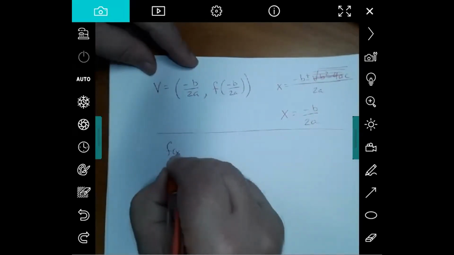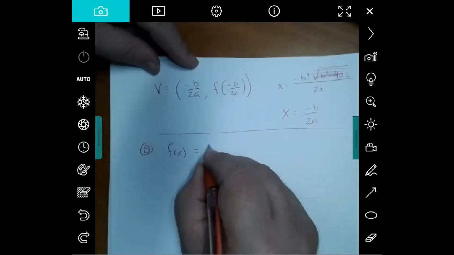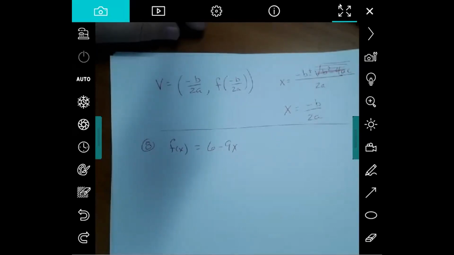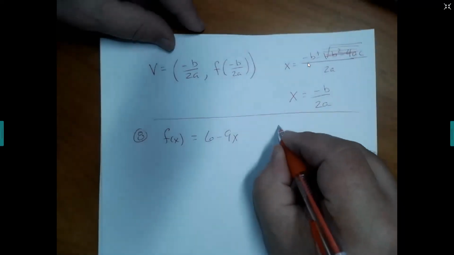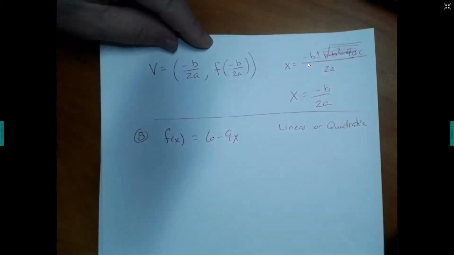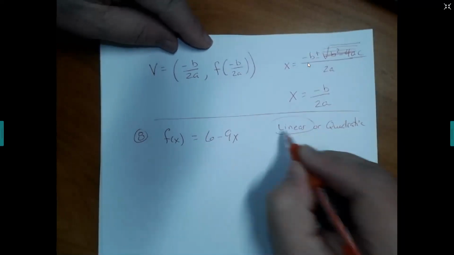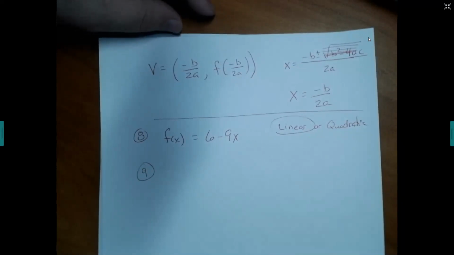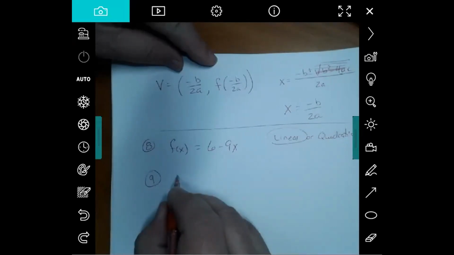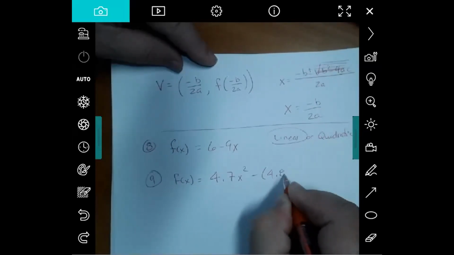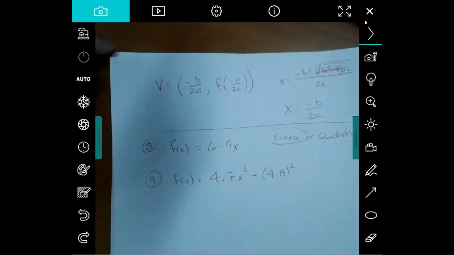Okay, in this one, this is number 8. f of x equals 6 minus 9x. Is this function linear or quadratic? Are there any exponents? No exponents? It's linear.